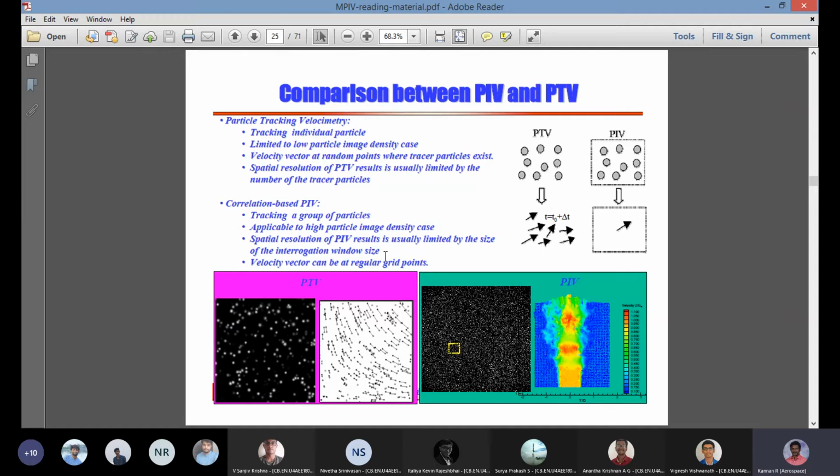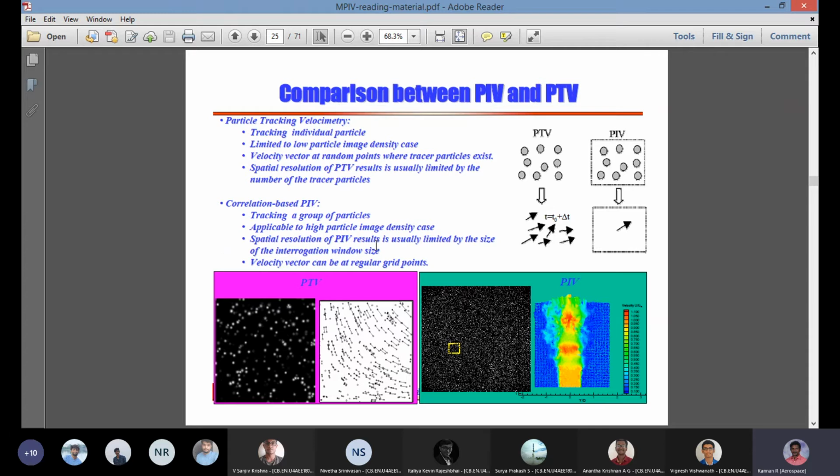The spatial resolution of PTV is limited by the number of tracer particles, because we have very few particles. But in correlation-based PIV, groups of particles are tracked, so we can use high particle densities.